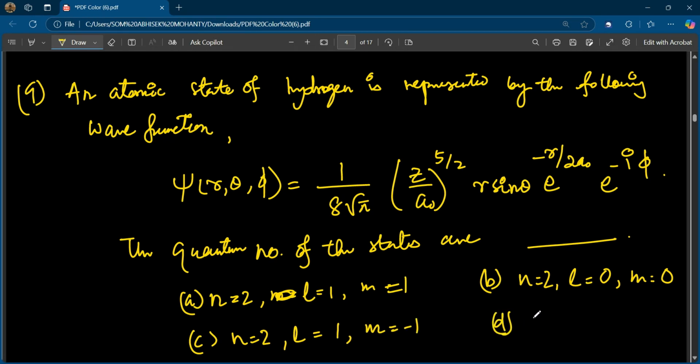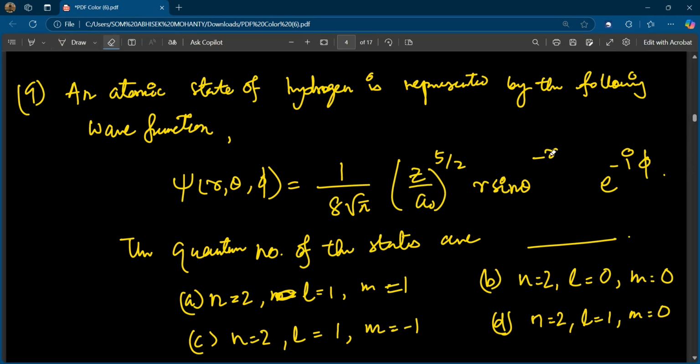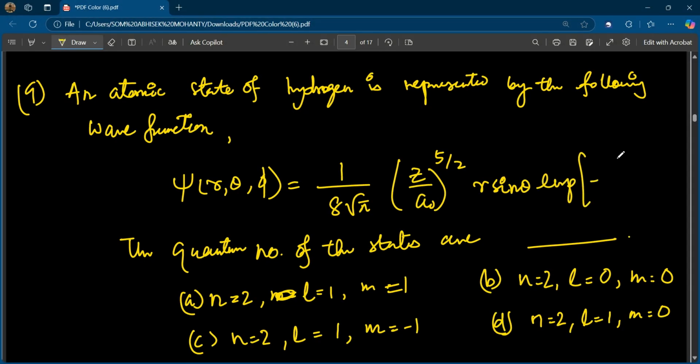Option D, n equal to 2, l equal to 1, m equal to 0. So this is the question again. Let's try it the same way as the previous one. Here I have even expanded this term. If we get a similar exponential, minus r by 2 a naught plus i phi, we can write it like that also. So from that you can try.